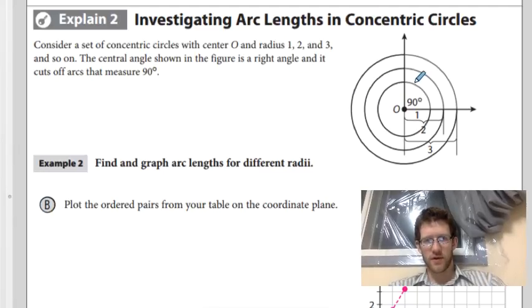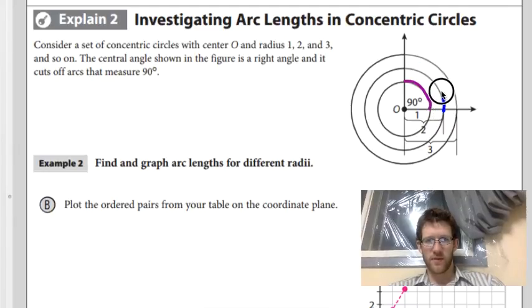But the only thing to note here is that when we have concentric circles, for example, their example here is they have a circle with a radius of 1, a circle with a radius of 2, a circle with a radius of 3, and then they graph these arc lengths, right? So I'll use different colors, I guess. And then they graph the arc length of a 90-degree arc.